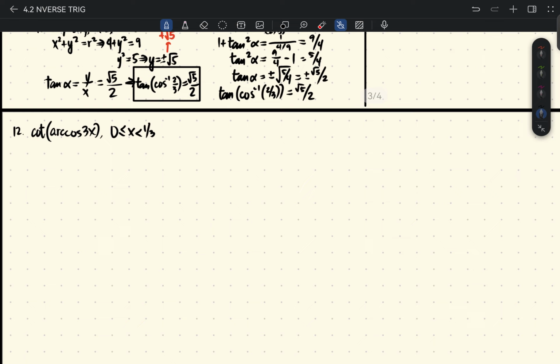So first, we have to make sure that the one inside is in the domain of arc cos. So take note, we are given that 0 is less than or equal to x, less than 1/3. And so multiplying both sides by 3, we get 0 less than or equal to 3x less than 1.